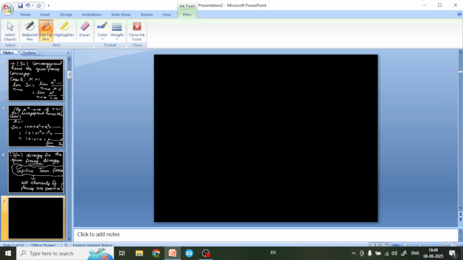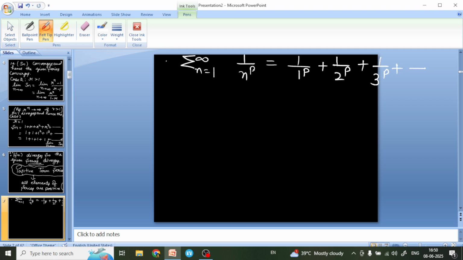Now an example of a P series: sigma n equal to 1 to infinity of 1 by n raised to power p is given, and its series will be 1 by 1 raised to power p plus 1 by 2 raised to power p plus 1 by 3 raised to power p plus up to infinity, and p greater than 0 is called a P series.